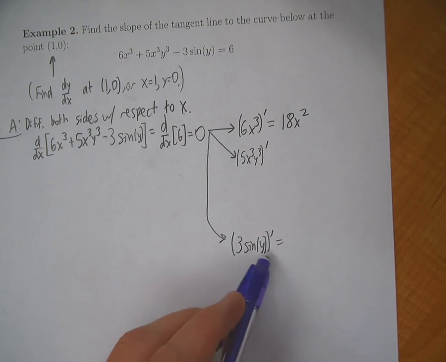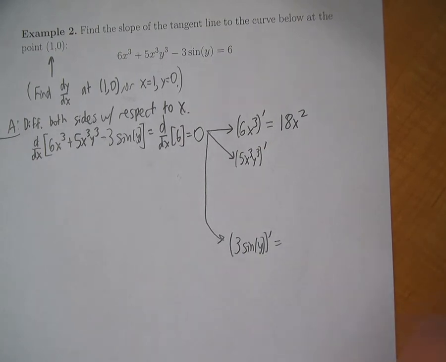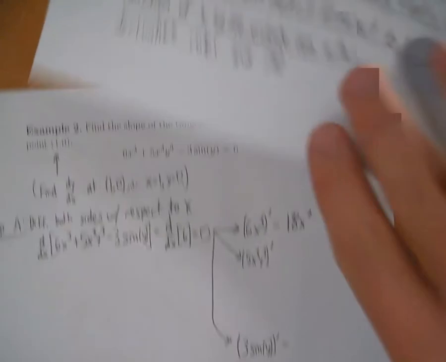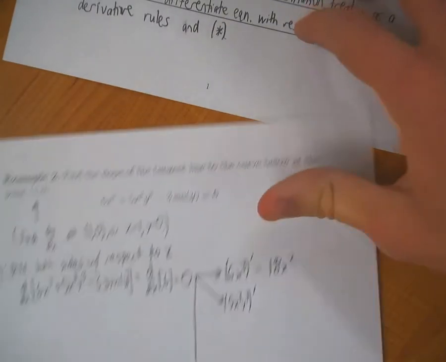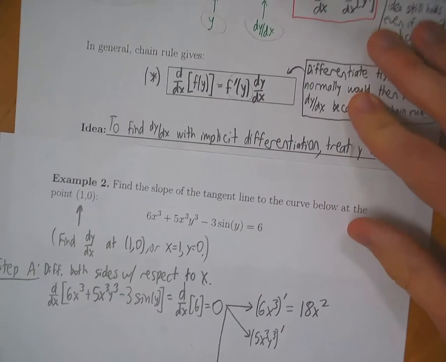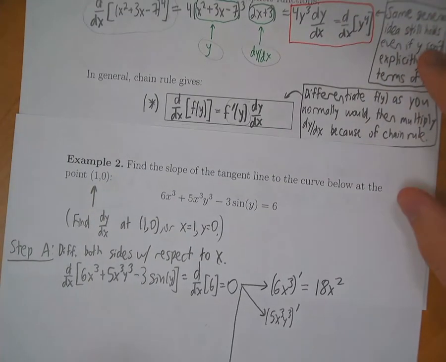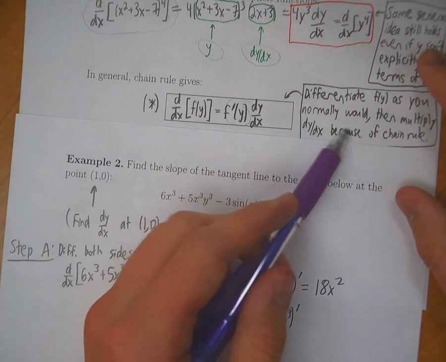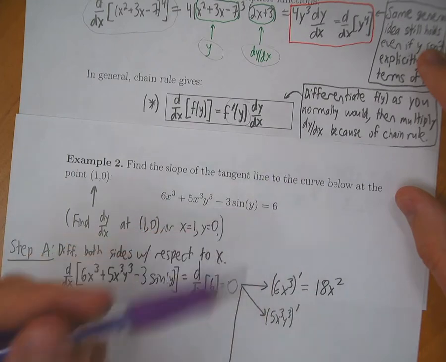Remember, here we just have y by itself, right? So in this case, we have to harken back to our asterisk rule. So what does our asterisk rule say here? If you remember, we have to differentiate f of y as you normally would, but then because of chain rule, you have to multiply dy/dx into that, right?